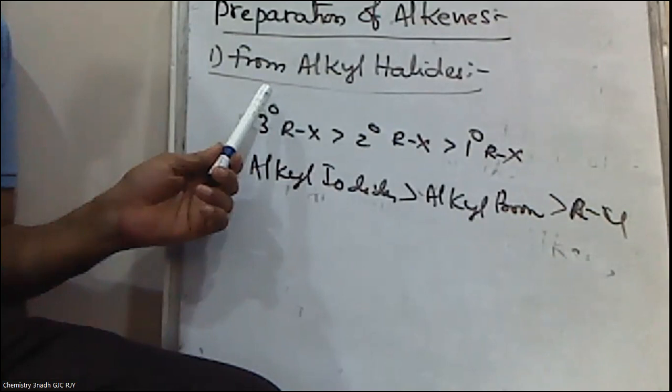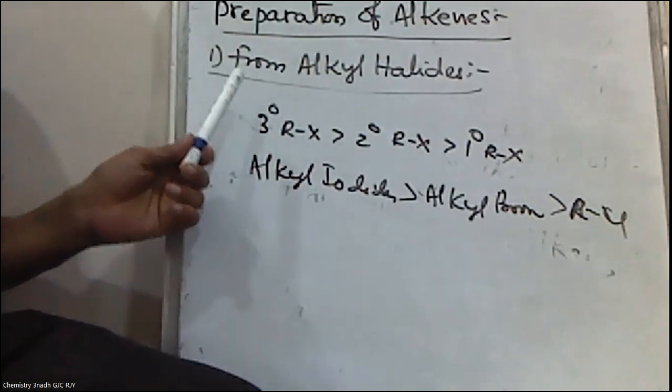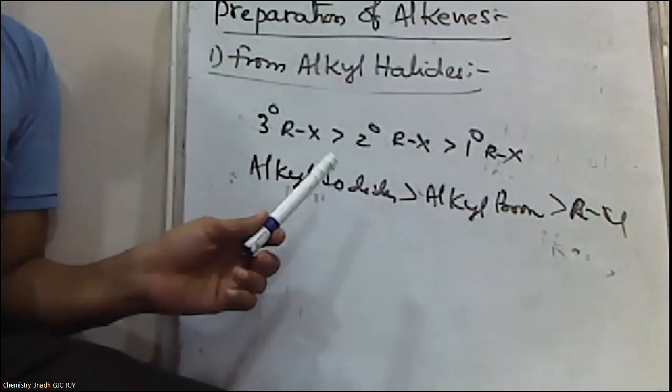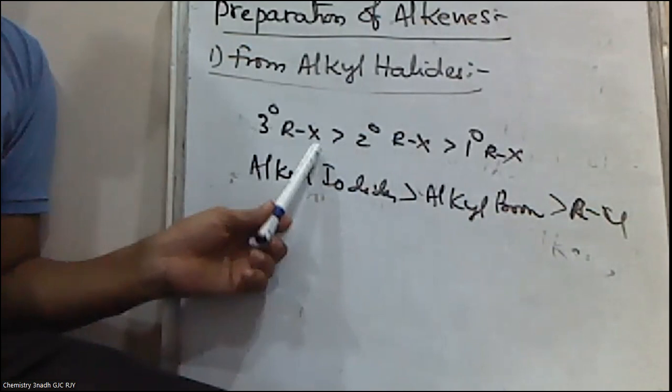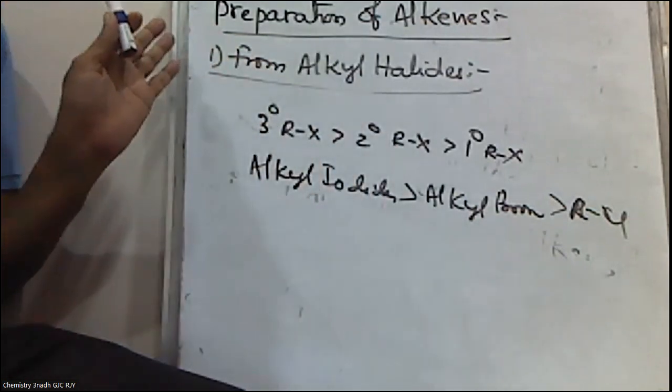Among the different alkyl groups, tertiary is more reactive than secondary, which is more reactive than primary. Among the halides, iodides are more reactive than bromides, which are more reactive than chlorides.